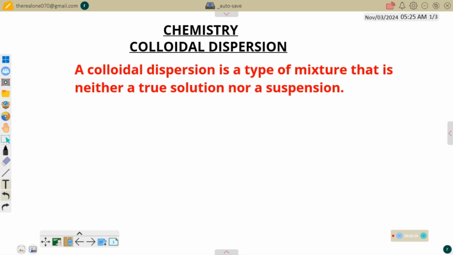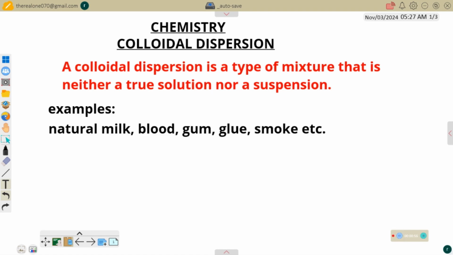That is, it is intermediate between a true solution and a suspension, meaning that we cannot distinctly call it a true solution nor call it a suspension. Examples of such mixtures are the following: natural milk, blood, gum, glue, smoke, etc.